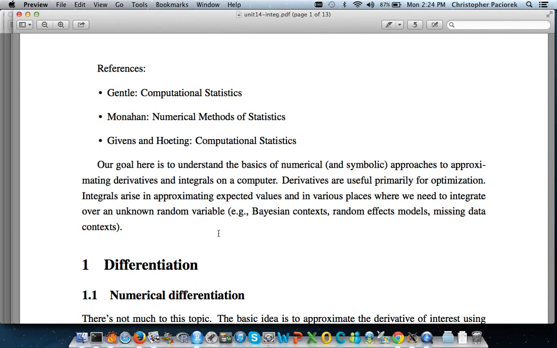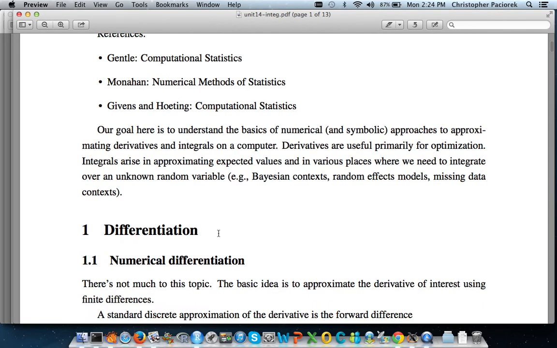Derivatives, obviously, we've already seen that when we do a lot of these optimization methods, we need to calculate derivatives. And in many cases, we haven't been passing in an actual explicit derivative function. So R behind the scenes is numerically getting an estimate of the derivative. And I thought it would be worthwhile looking at some of the details of how that would get done on a computer and what some of the implications are of the fact that we can't calculate precisely on a computer.